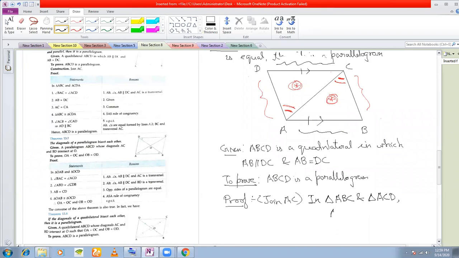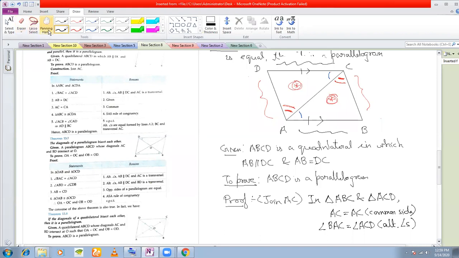First I have AC is equal to AC because they are a common side. And what can I say? I can say that this angle is equal to this angle because they are alternate angles. So angle BAC is equal to angle ACD because they are alternate angles.